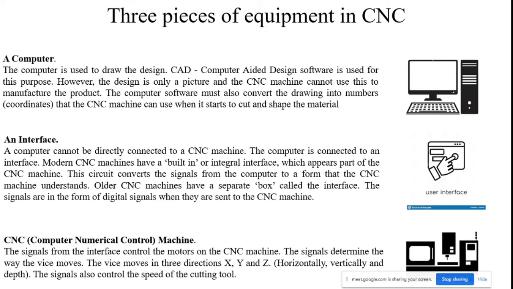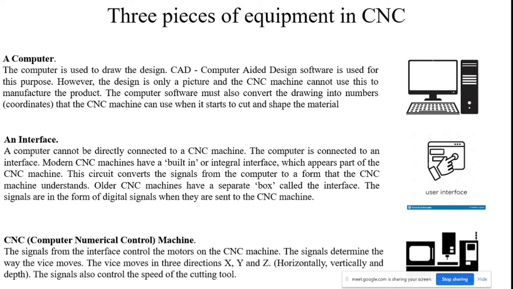Nowadays, CAD is also called computer automated design. Actually CAD means computer aided design, but the name has been changed to computer automated design, as per Ibrahim Said. The computer software must also convert the drawing into numbers. Numbers means coordinates. There are Cartesian coordinates, the polar coordinate system, the absolute coordinate system, and the incremental coordinate system.